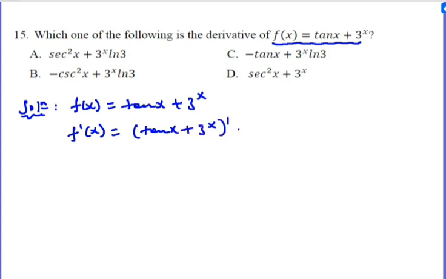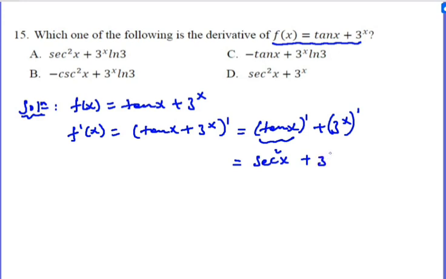Using the derivative for a combination of functions, we can take separately the tan x derivative plus the 3 to the power of x derivative. But tan is sine x over cos x, so you can apply the quotient rule for the derivative. Using the quotient rule, the tan x derivative means sec squared x, plus the 3 to the power of x derivative means 3 to the power of x ln 3.